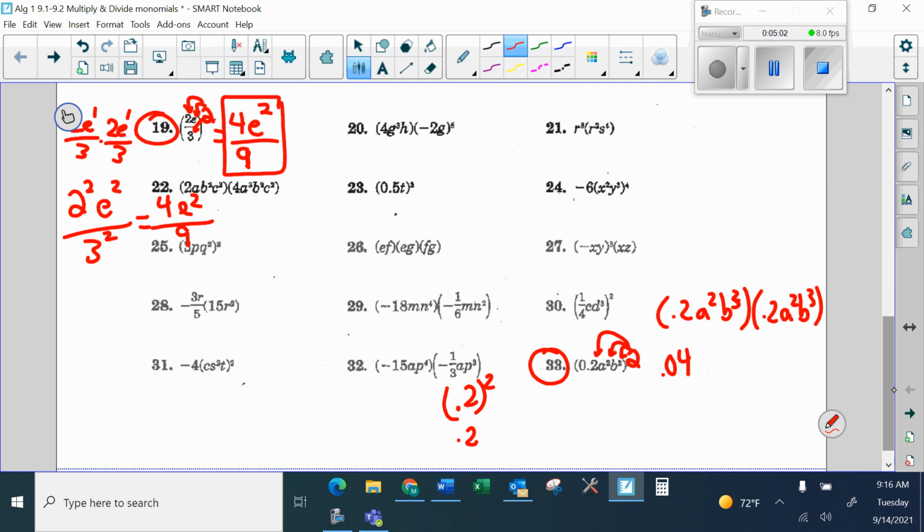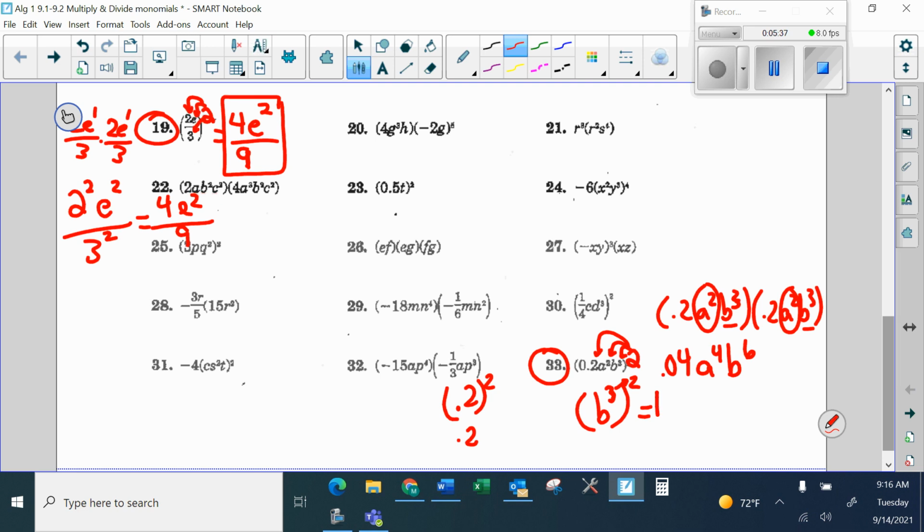a squared squared. There's my a squared right there. A squared squared, I add my exponents. 2 plus 2 is 4. My base of b right there. 3 plus 3 is 6. So if I was to do it this way, I have b cubed squared. You remember your exponent rules. A power to a power. This is a power. Another word for exponent is power. This power is to another power. So this is called a power to a power rule. The power to the power rule means you multiply your exponents.